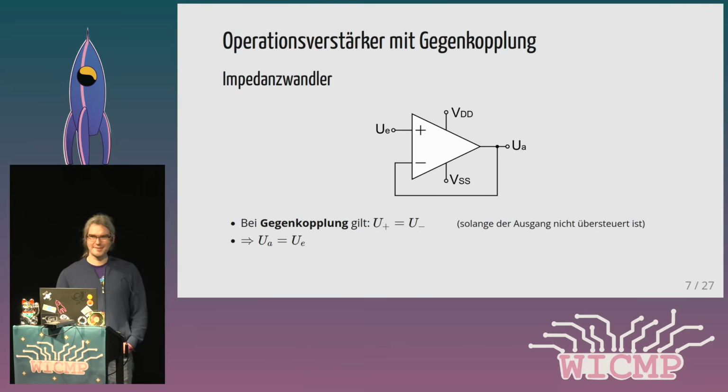Then the operational amplifier will, with its huge amplifying factor, immediately increase the output. So U plus equals U minus. As long as there's a small difference, the output will be larger, and this chip is constructed in a way such that there is no cascade effect.